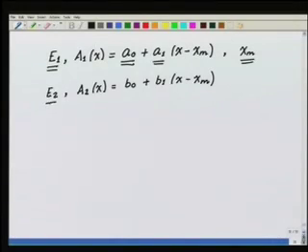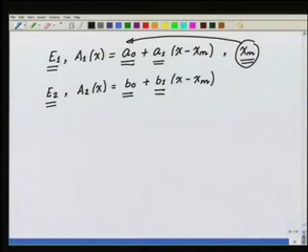For the second part of the domain, we input these quantities. So it will be better to first input the transition point Xm as a separate entity, and then for the two parts of the domain, we give E1, A1 and E2, A2.